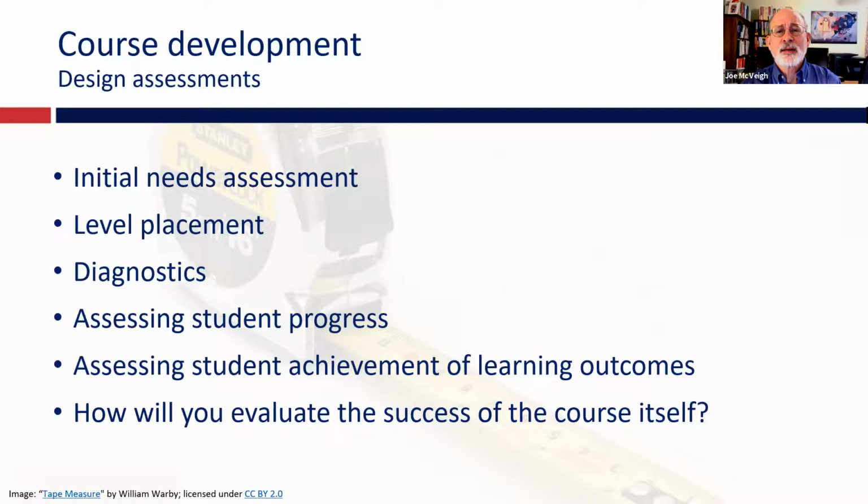We might want to think about how we're going to assess student progress, and then about how we might assess the student achievement of the learning outcomes that we developed in our initial goals and objectives session. And then we'd want to think about how we might evaluate the success of the course itself. If some administrator or someone was to come to us and say, so did your students learn what they were supposed to learn? We'd like to be able to give them some justification for the course as a whole.